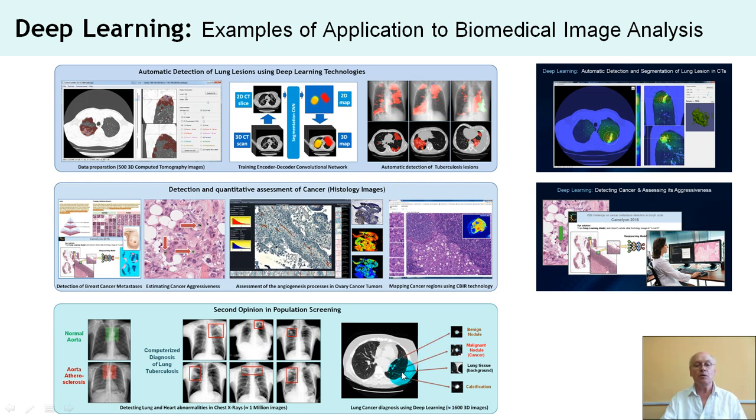That's an example of automatic diagnosis of lung cancer. By the way, lung cancer is the most dangerous cancer in the world, in terms of the number of people it kills. It's the number one killer in the majority of countries, specifically for the male population.